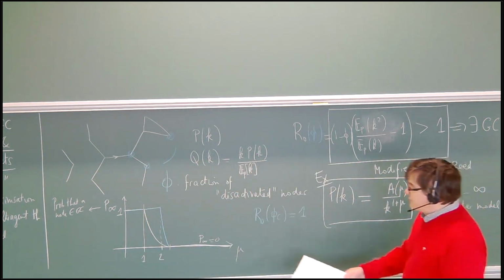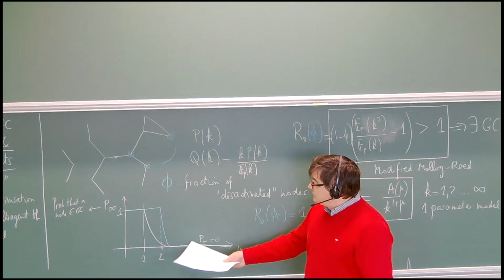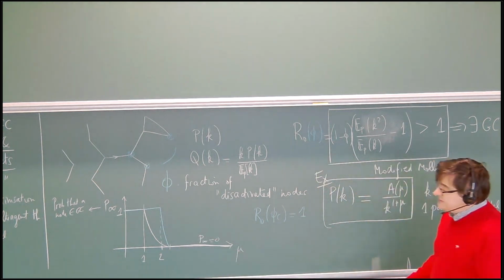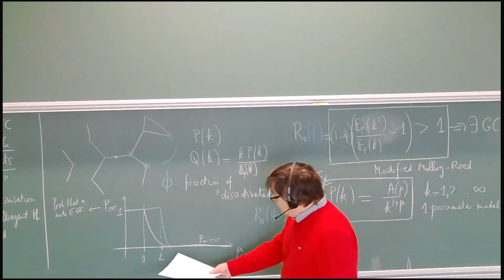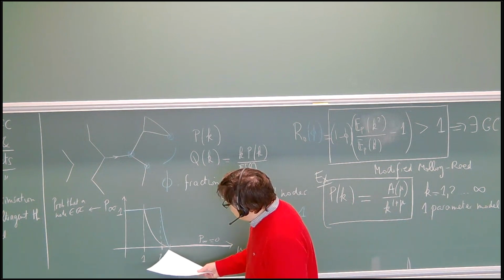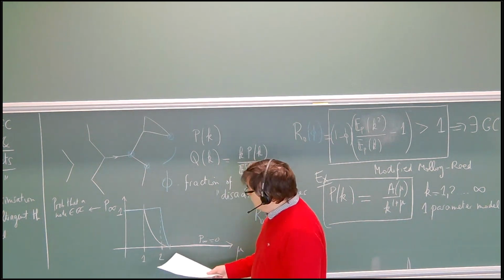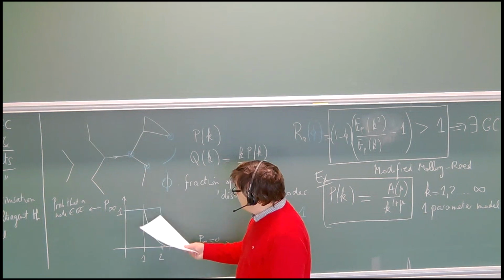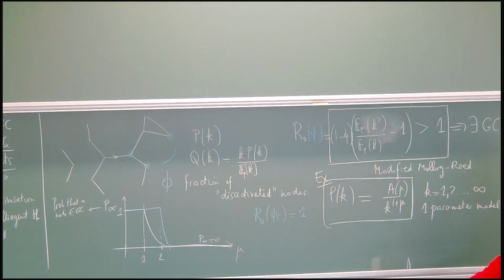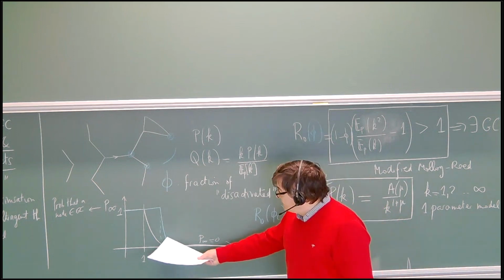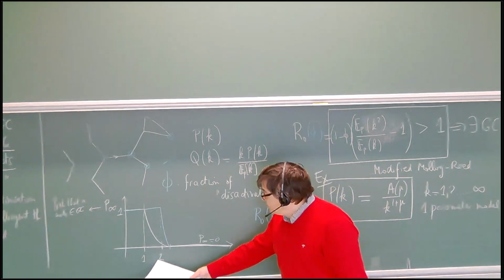So what it means is that, of course, if there's no giant component to start with, then phi c is 0. You don't need to destroy anything. The giant component is already not there. Then in this little region of the phase diagram between 2 and 2.5, you need to apply some fraction phi c to destroy the giant component, but this phi c is less than 1 until you reach mu equal 2.